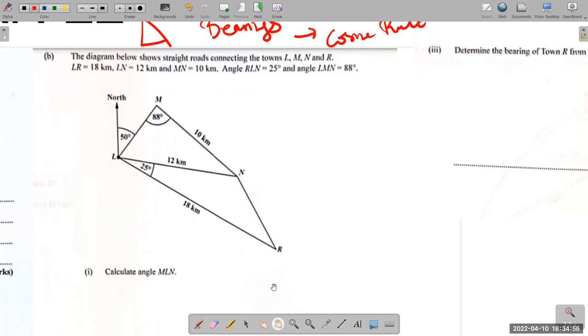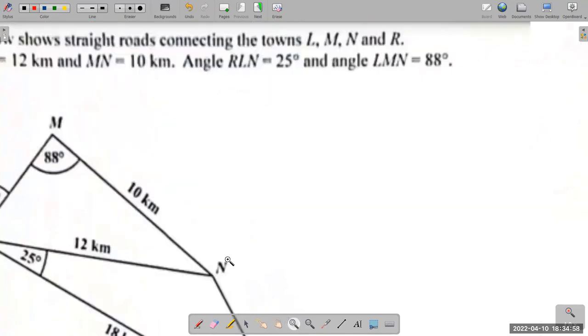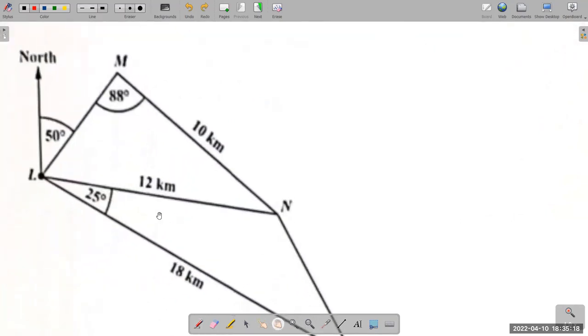Angle RLN. And let me ask a question. Everybody understand how to read angles? We know that the angle is always located at the point in the center. We follow along each letter that would create the actual angle. All right, so please make sure you have that correct. Also, angle LMN. So let's back check and make sure we have these angles.